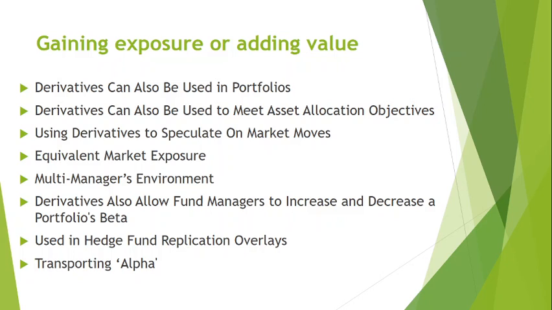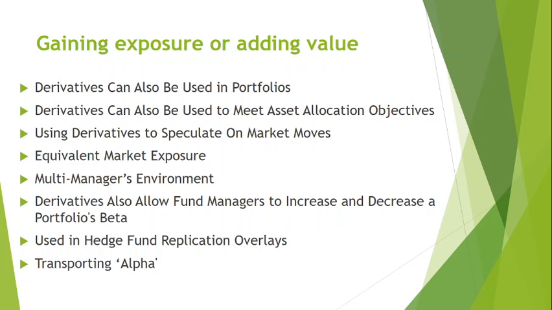Derivatives can also be used in hedge fund replication overlays, which attempt to replicate exposures to common factors in hedge funds. Similarly, portable alpha strategies can be used to add value to a portfolio.